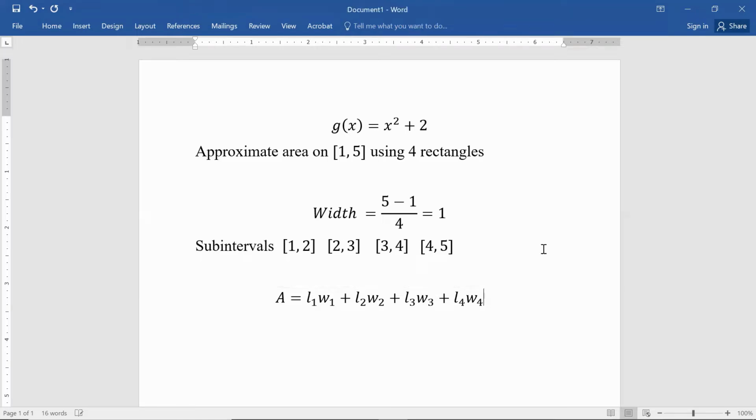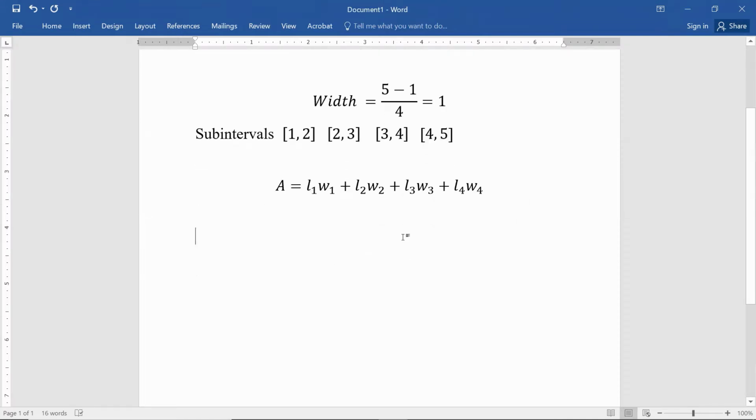We're going to add up 4 rectangles. Let's do these 4 rectangles using the right-hand rule.